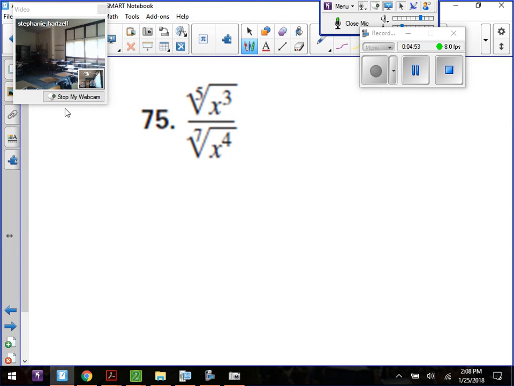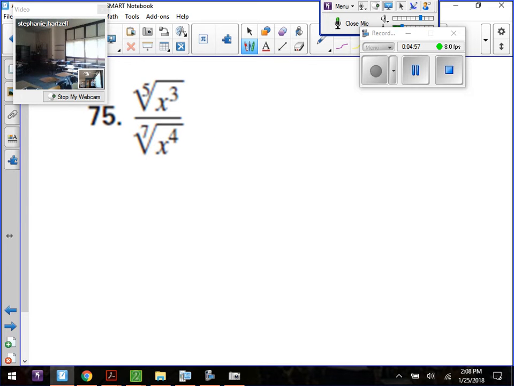Now, in this one here, you have 2 nth roots. And you wind up with x to the 3/5, x to the 4/7. So what you need to do is, since you have the same base, just quickly play war.